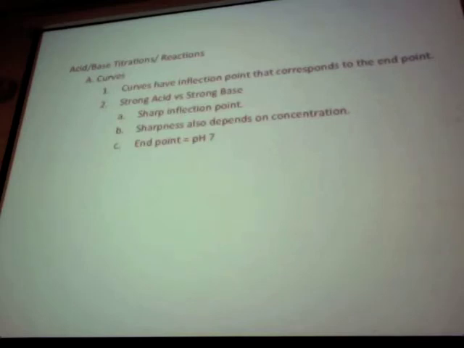For strong acid and strong base, it's fairly large. We will learn later on how to calculate this curve. It is visible to you through pH, but we can calculate the individual points. The sharpness depends on concentration. So this is a general look at the titration curve.